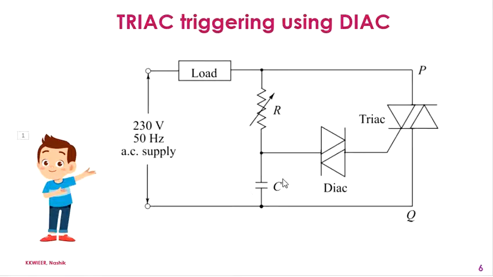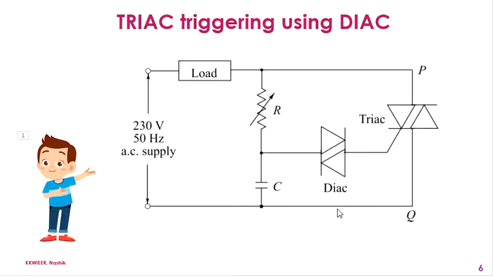This is provided by the capacitor C when its voltage is above the breakdown voltage of the DIAC. The capacitor discharges through the TRIAC gate, so the triggering of TRIAC makes it conduct. When the TRIAC triggers, the voltage drop across PQ will be 0 and the capacitor voltage will be reset to 0.